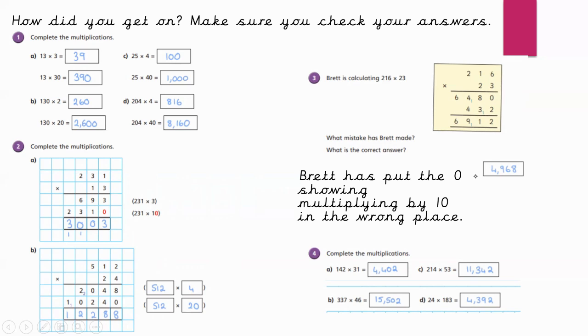Then you'd add them together, and the answer you get is 4,968. And then we've got the ones down here, and these you could all have, if you wanted to, written down the answer, gone back, watched the model all the way through, and if you followed on, these would be the answer you get. Well done. I hope you did well in those.